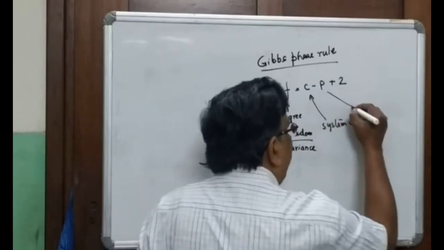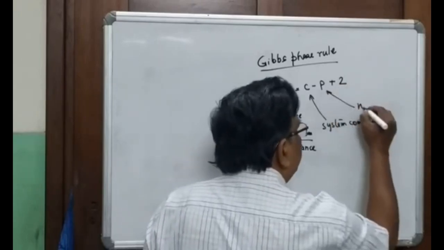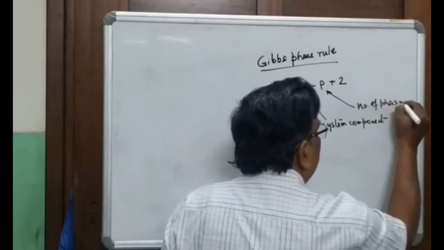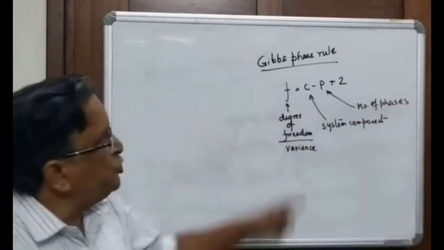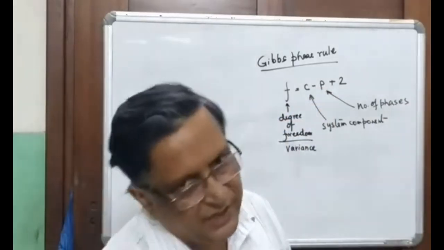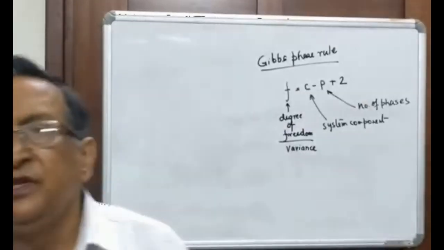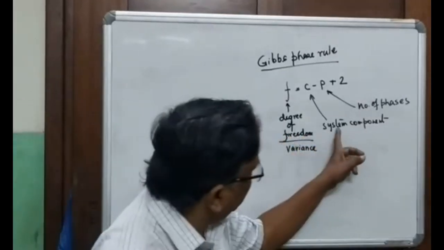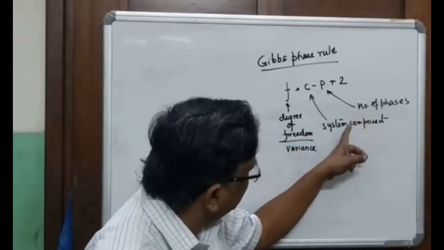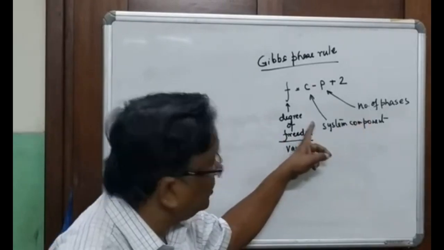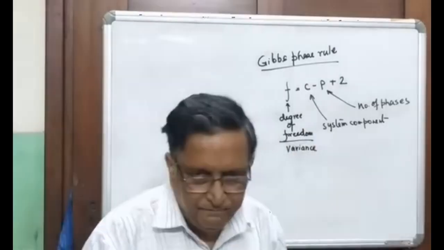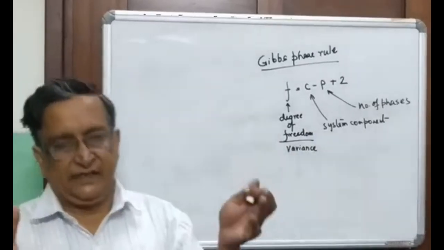And then you have P, which is the number of phases. And 2 stands for the variables pressure and temperature. So you have the system number of phases, system components, which is the minimum number of components, and the degree of freedom, which is also called the variance.